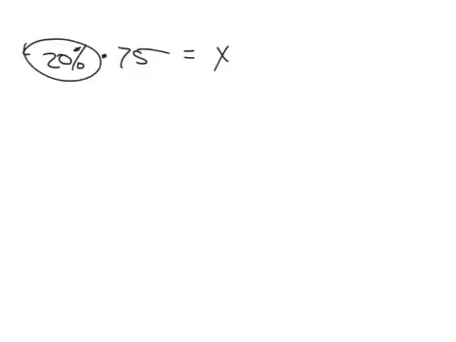You cannot solve an equation with a percent, so you have to change the percent to a decimal. So 0.2 times 75 is going to give you 15. So you had 75 and you gave Hal 15, which means you have 60 left.